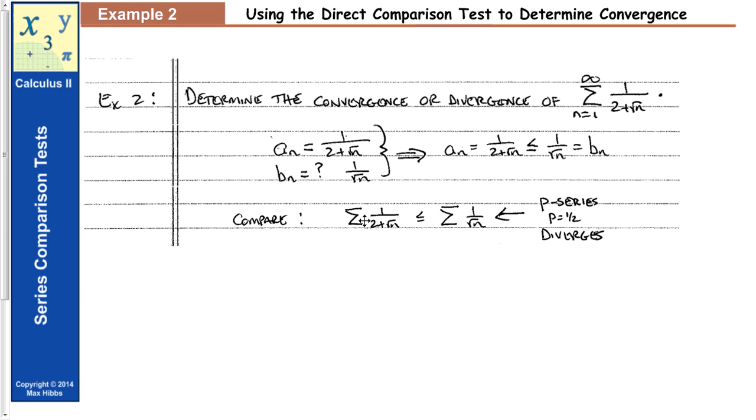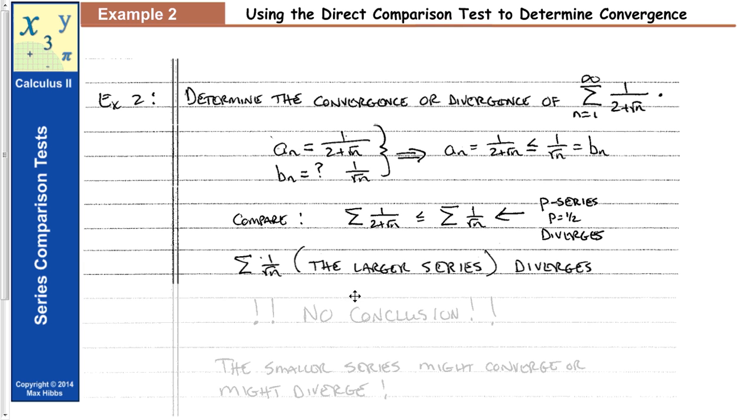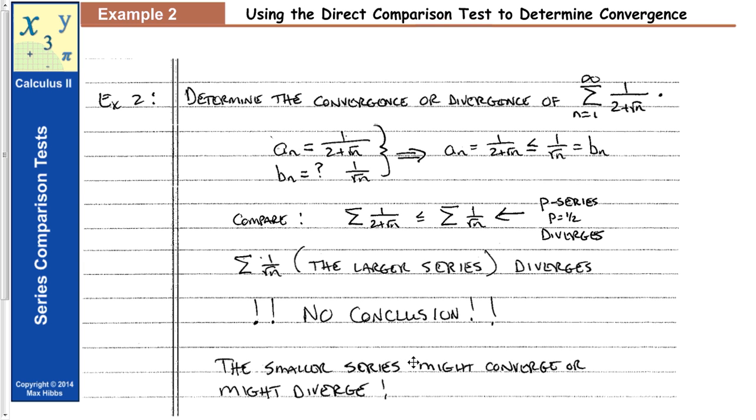So we have a smaller series than one that diverges. That tells us nothing about the smaller series. The smaller series could diverge, but the smaller series could also converge. All we know is it's smaller than the one that diverges, so that doesn't really tell us anything. And so this comparison didn't do very much, did it? And there's not a whole lot else I could easily do. I can't very easily make this something that's larger that I would know how to deal with.